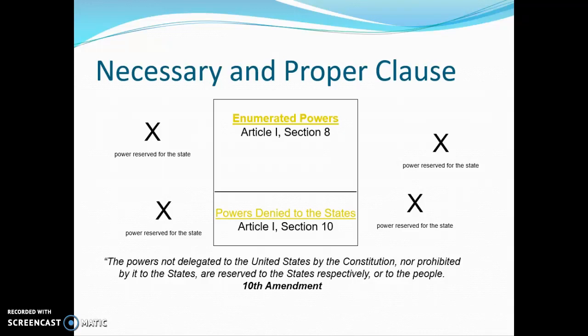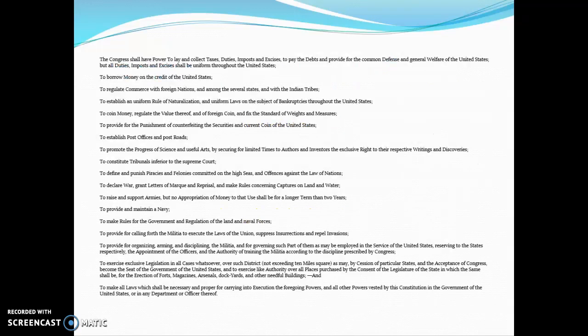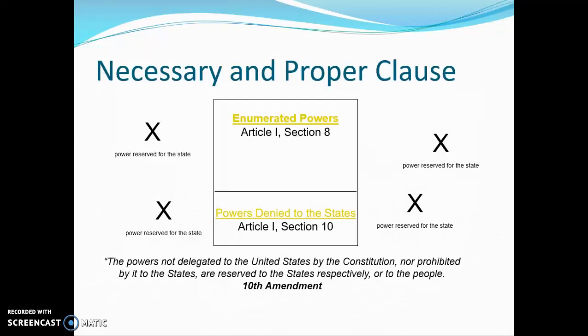Well, you go to Article 1, Section 8. You look up their list of powers. Nowhere on that list is there anything that talks about regulating marriage. There's nothing that talks about contracts of marriage. And so, according to the 10th Amendment, same-sex marriage would be a power reserved for the states.